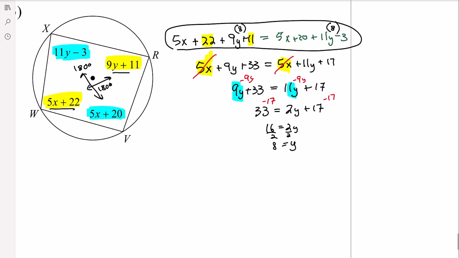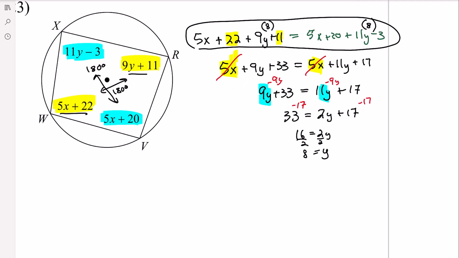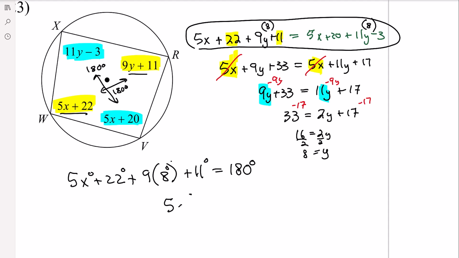So let's not do that. Yeah, let's just set one of the sets. So let's set 5x plus 22 plus 9y, and our y is 8, plus 11 equal to 180. And all of these are in degrees.